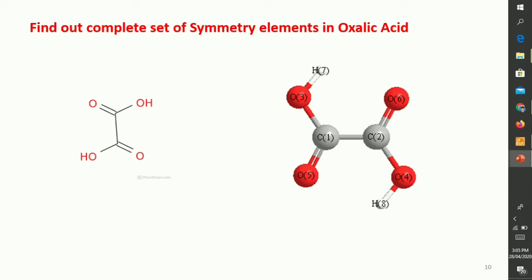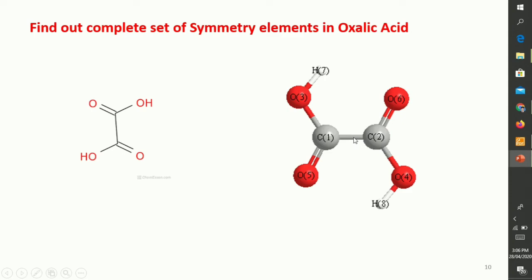Is there any plane of symmetry present in this molecule? Yes, there is a plane of symmetry just perpendicular to the axis of rotation. For example, we know that this is actually towards observer, towards you. From this point, towards observer, if you rotate this molecule clockwise or anti-clockwise, you will get an indistinguishable shape. This is actually the C2 axis of rotation.